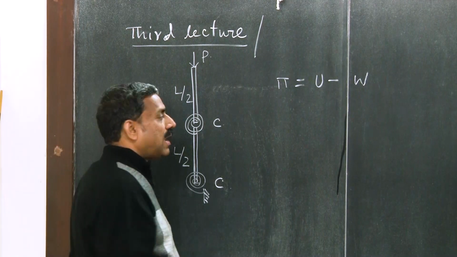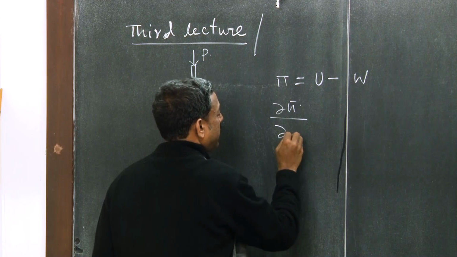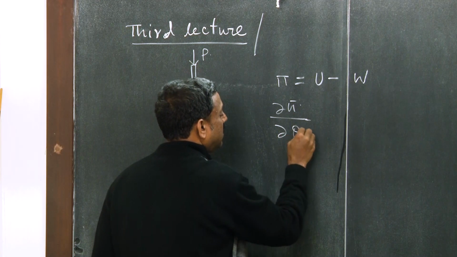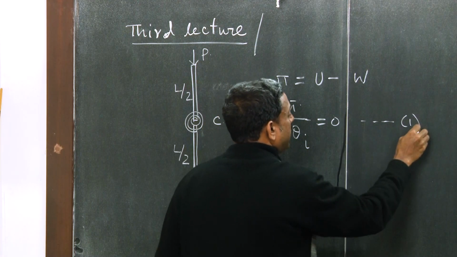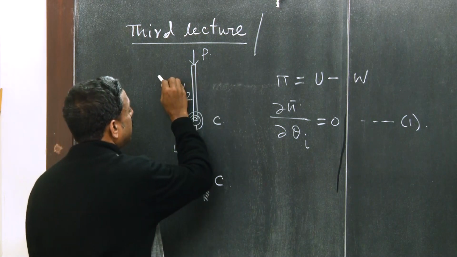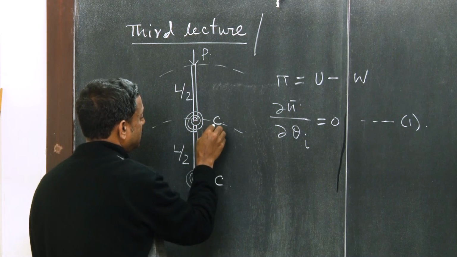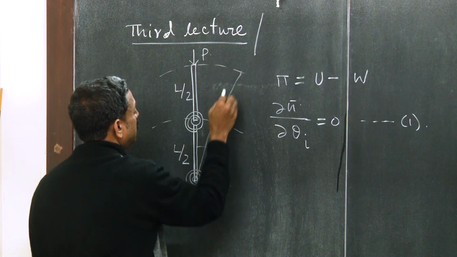and in order to obtain the equilibrium path we have differentiated with respect to the degrees of freedom theta I. So, we have perturbed the system; theta I is nothing but the degrees of freedom basically, right.